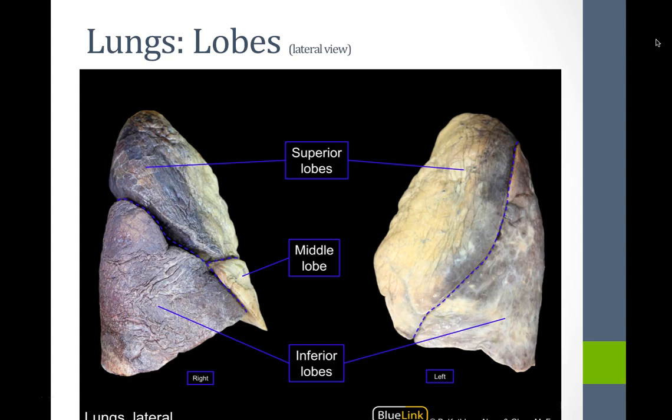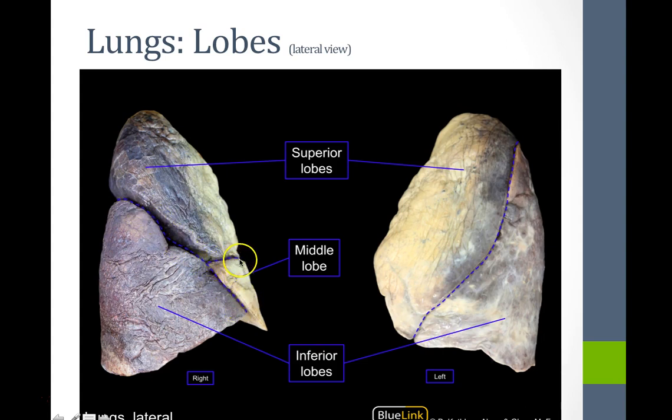So these are just some cadaveric views of the different lungs and the different lobes of your lungs. On the left of your screen would be a right lung, and here's your superior lobe, a middle lobe, and inferior lobe. So let's think, what is this dashed line over here? That would be your oblique fissure.